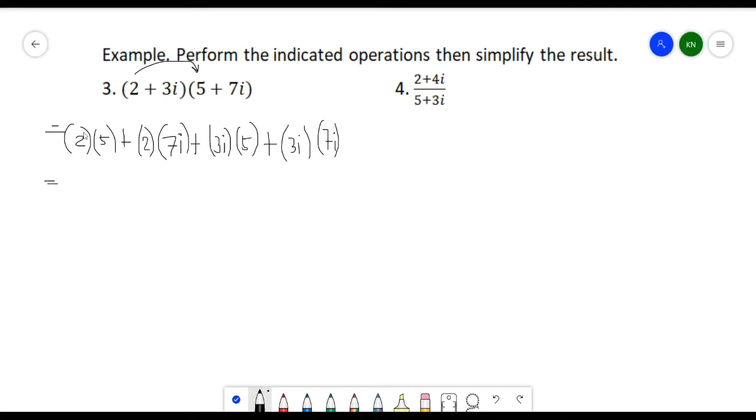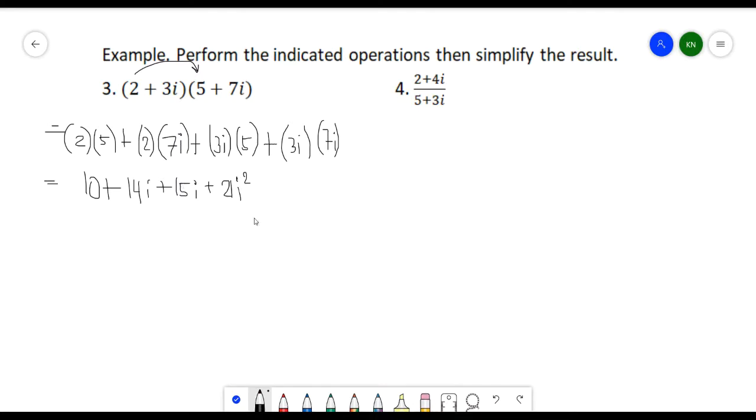Then basically just perform the operation. So we have 10 plus 14i plus 15i plus 21i squared. I'm sorry, this should be squared.